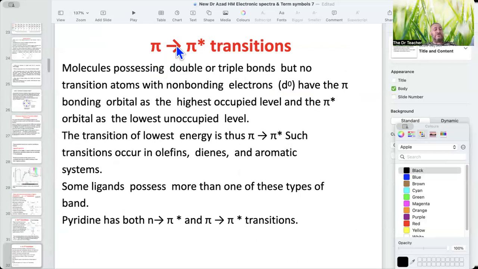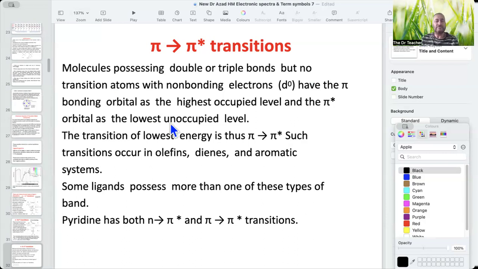Pi to pi star, we have transitions. Once you have pi, it means filled with electrons. When you have pi star, it means empty. That's how to move electrons. So molecules possessing double or triple bonds, but no atoms with non-bonding electrons, have the pi bonding orbital as the highest occupied. This is the HOMO, and the pi star orbitals are the lowest unoccupied level.